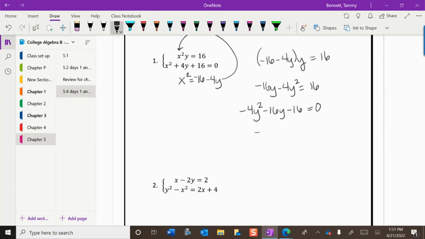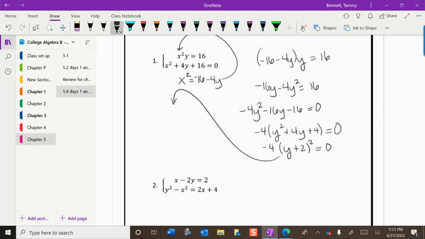Let's factor out a negative 4. So then y squared plus a 4y plus a 4 equals 0, and you can factor that. So y plus 2 quantity squared is 0. So I can see why one solution for y is negative 2. So then let's use that top equation. It's kind of nice.